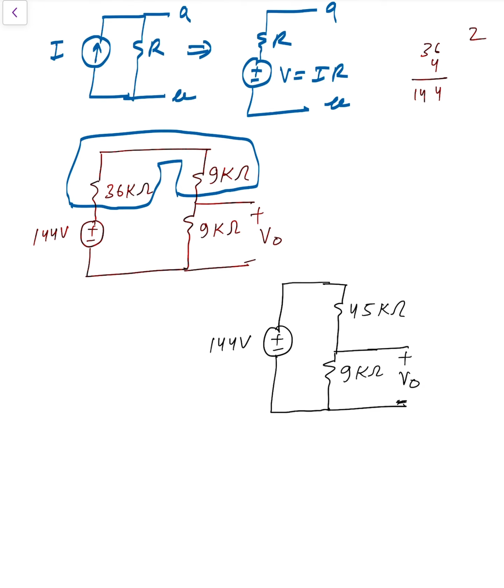Now with the help of the voltage division rule, V naught is written as plus 144 into 9 divided by 45 plus 9, that is 54.